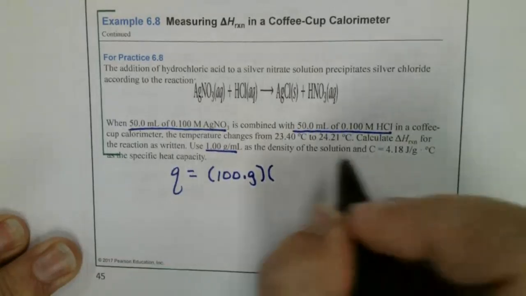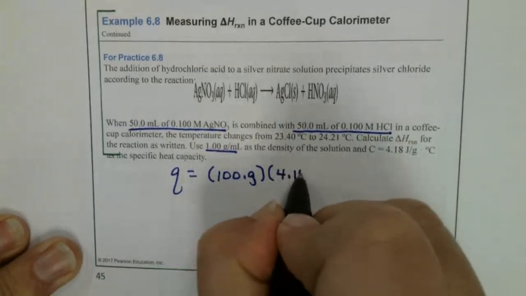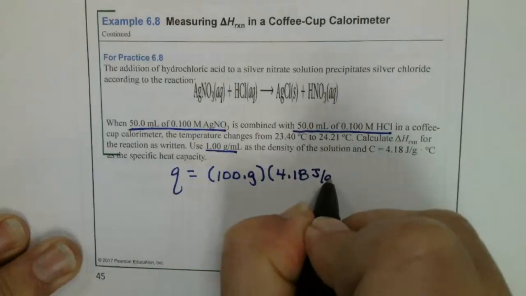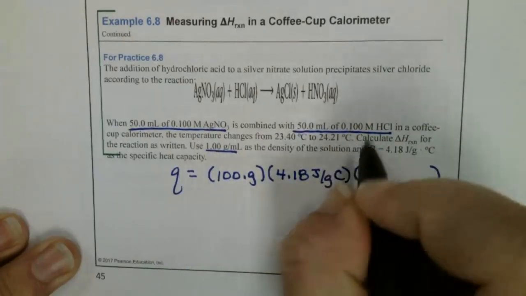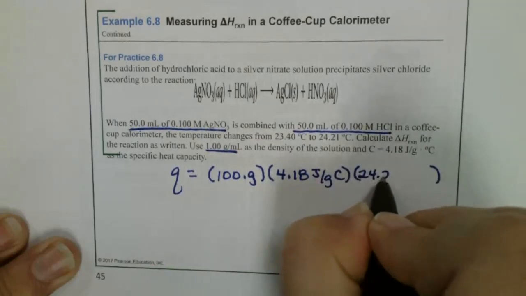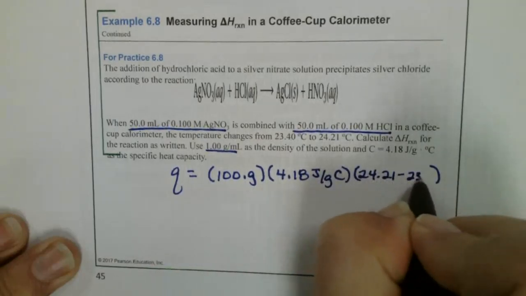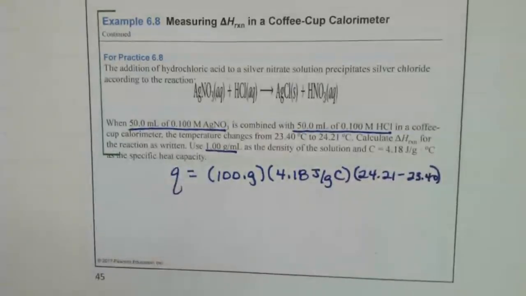They tell us our specific heat capacity. Then we're going to take our 24.21 minus our 23.40. So we get 100 times 4.18 times parentheses 24.21 minus 23.40.